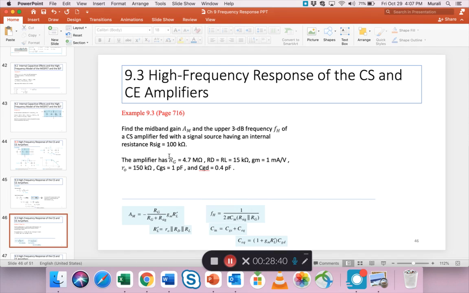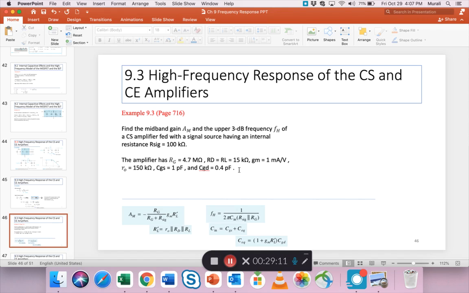The amplifier has RG, the biasing resistors at the gate. The drain resistor equals the load resistor, 15K. GM is given, RO is given, CGS is given, CGD is given. So lots of stuff is given and we just have to plug everything in.